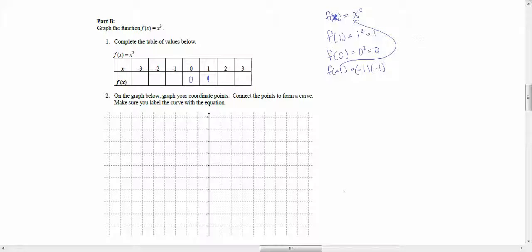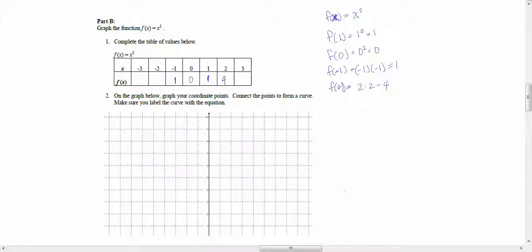So that's negative 1 times negative 1, also known as positive 1. What is f of 2? f of 2 is equal to 2 times 2, which is also known as 4.